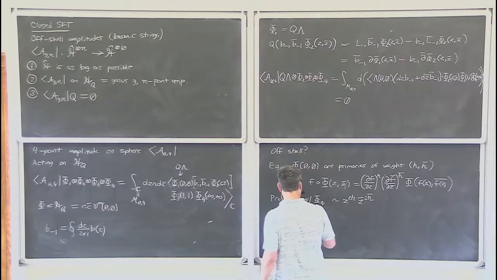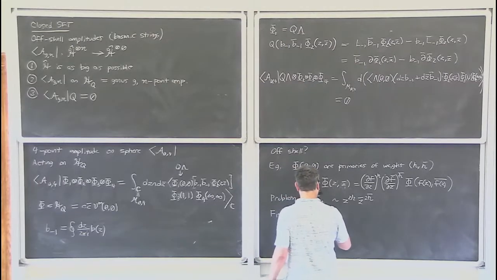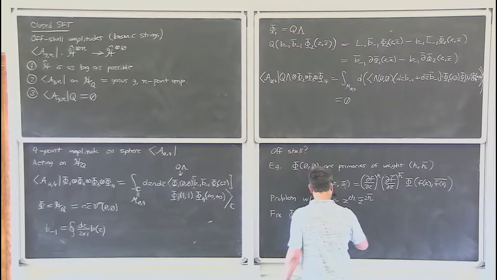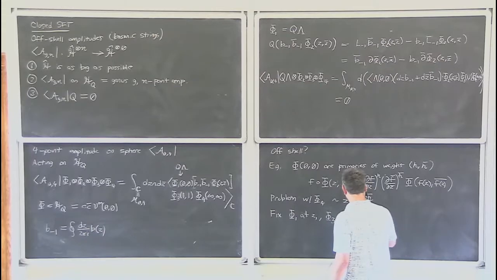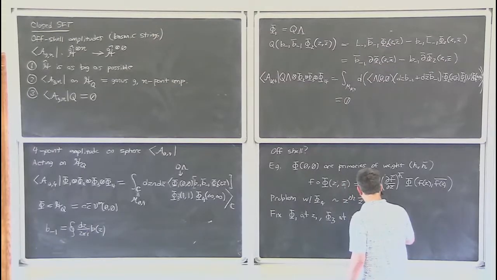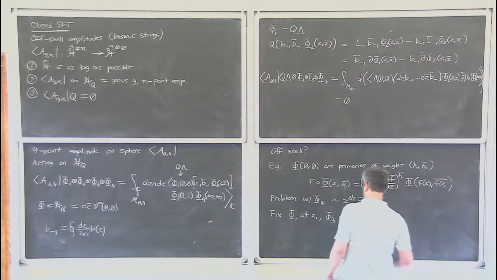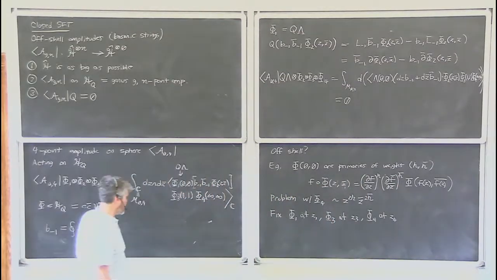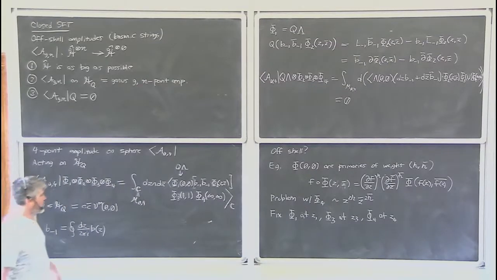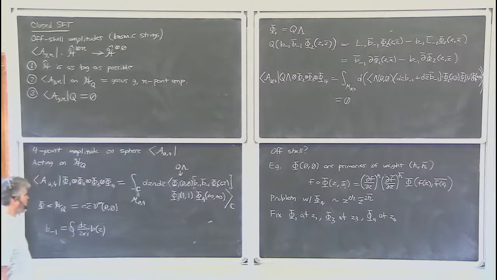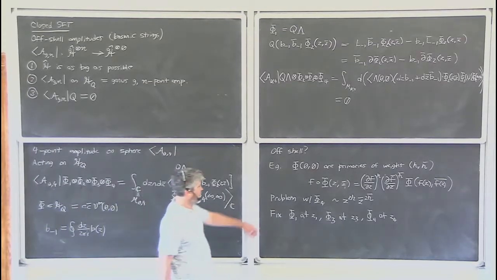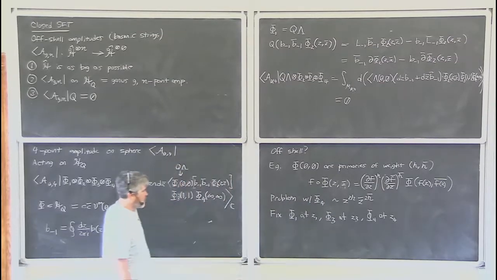So we could take phi 1 at z1, phi 3 at z3, and then phi 4 at z4, where these positions are not at infinity. And then you can write down the analog of this expression, and you can take these vertex operators off shell by replacing them with an arbitrary primary operator, okay?